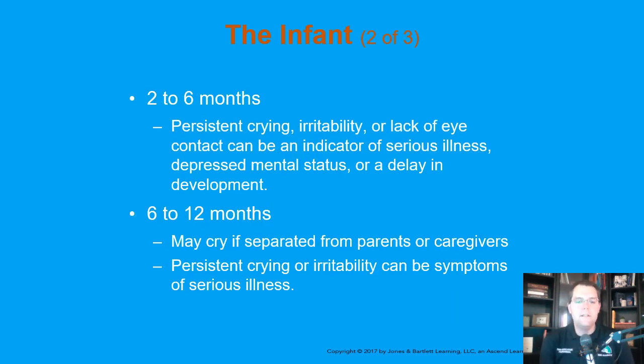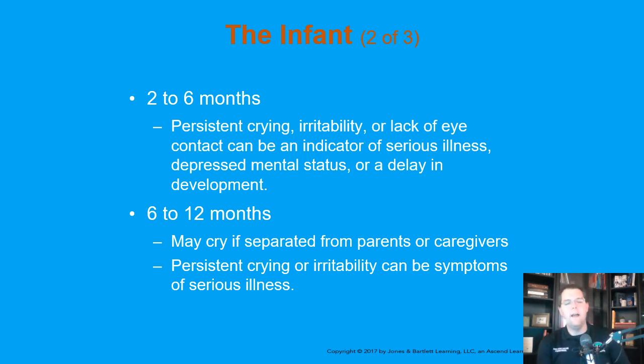From 2 to 6 months, we have a lot of the same things going on that send off red flags. 2 to 6 months, an infant should acknowledge you, at least with their eyes, when something new enters their field of view. So if you walk into a room with a 2 to 6 month old infant, they should at least look at you. If they don't make eye contact, they're crying, they're not consolable, they're very irritable.